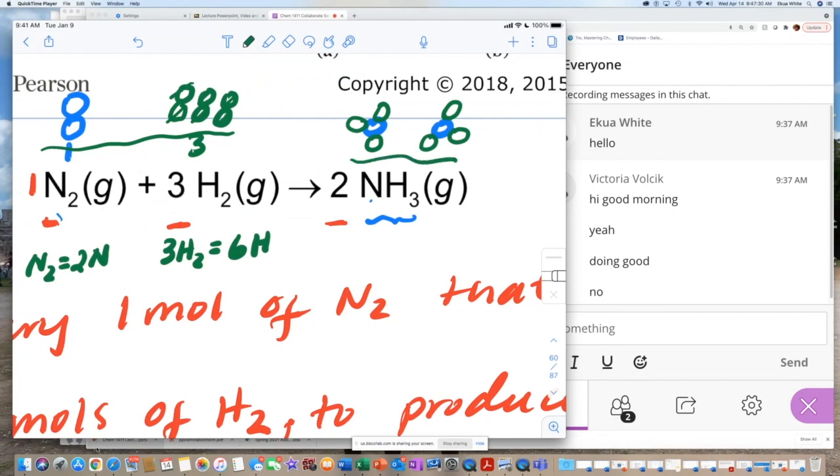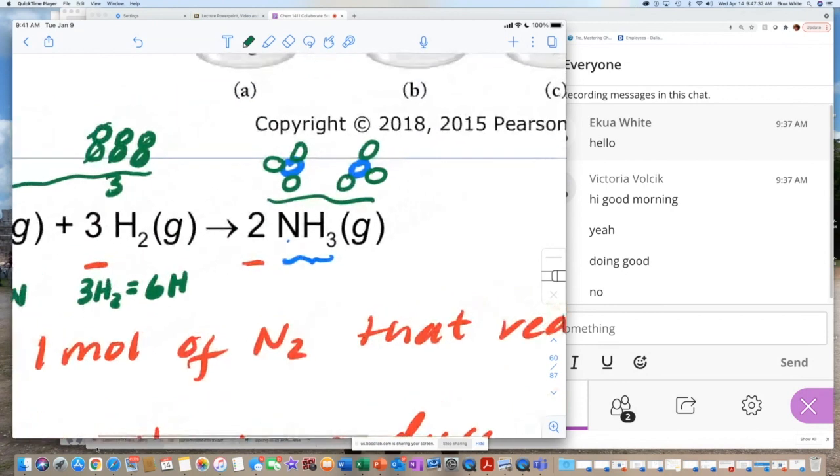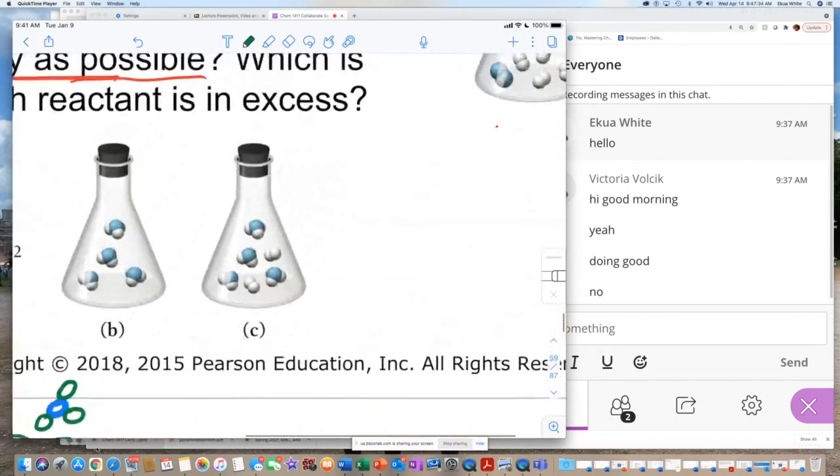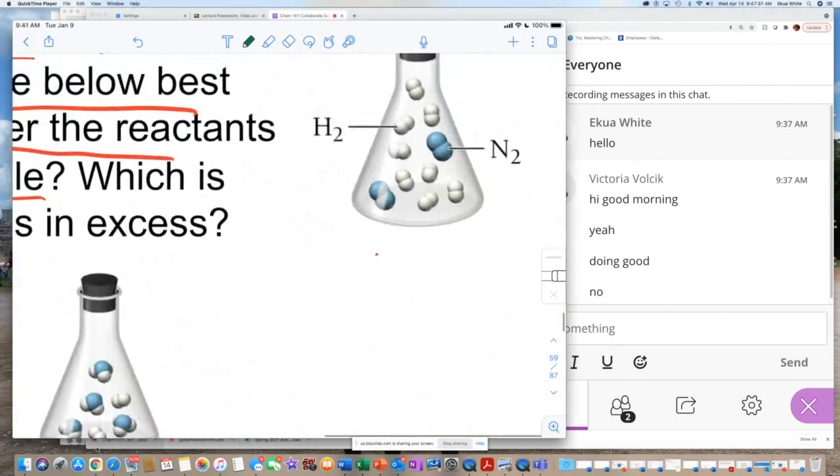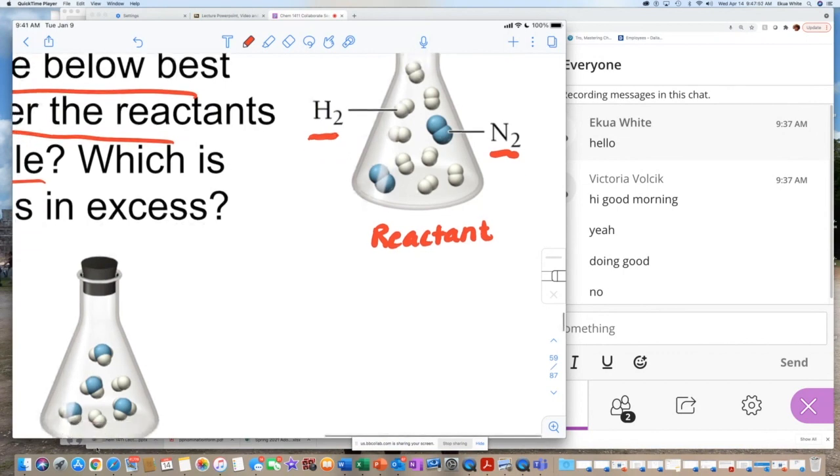Now that I get how it's supposed to look, let me look in the picture and see. They're saying, oh, this is the beginning, right? They said in the dialogue, this is what the reactants are. So in the reactants here, I know H2 and N2 have to react to produce a product. So let me see how many combinations can be made.